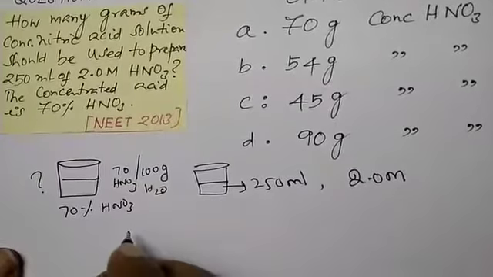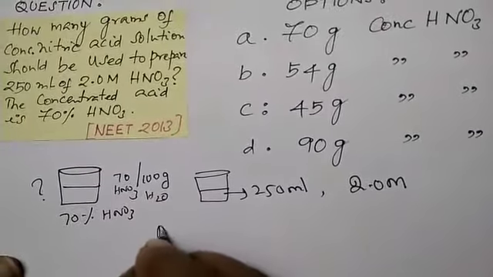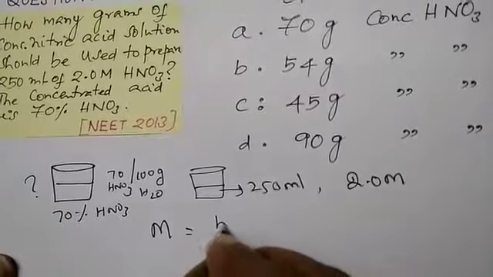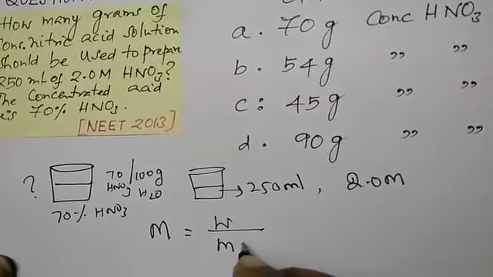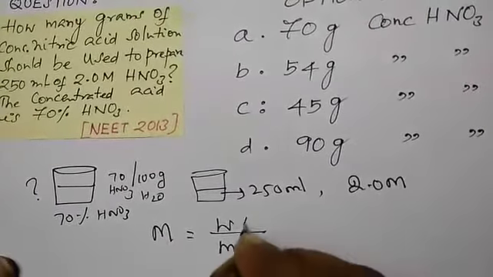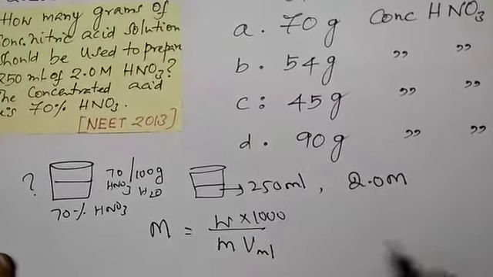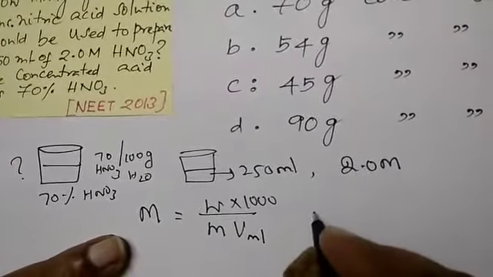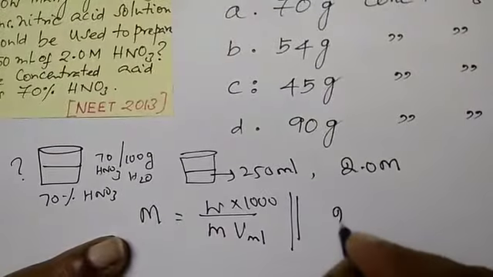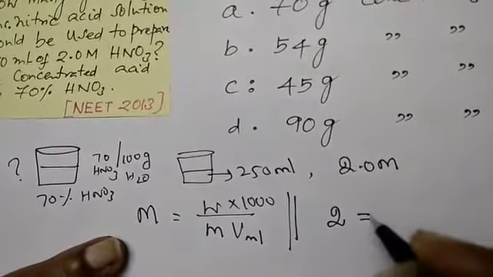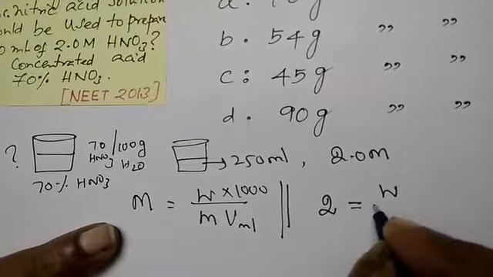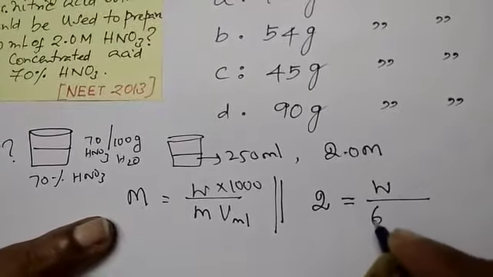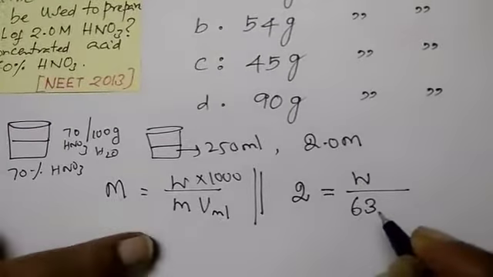The formula is molarity is equal to given weight by molar mass into 1000 by volume in ml. The molarity of the solution, substituting the values, is 2.0. So that is equal to the weight of nitric acid, which is the question, divided by the molecular mass of nitric acid, 63.